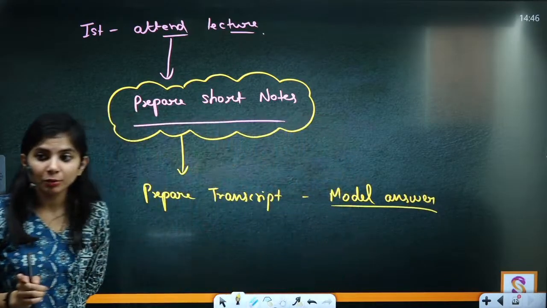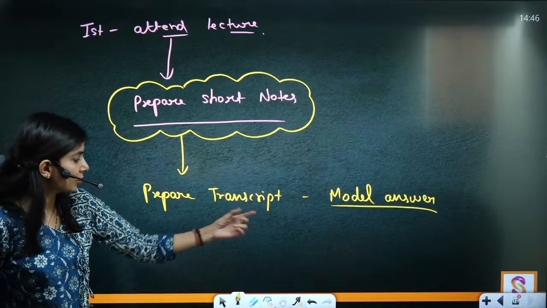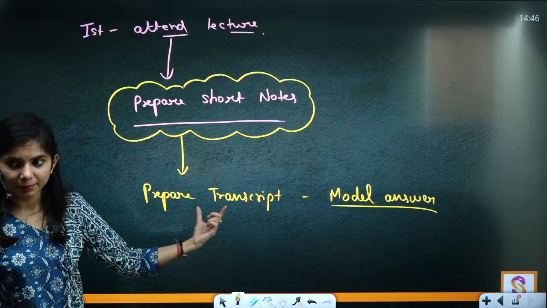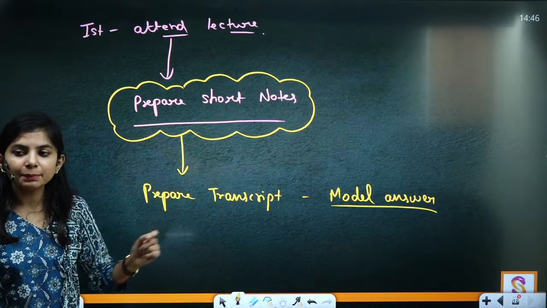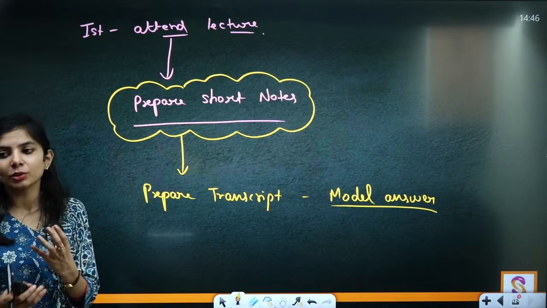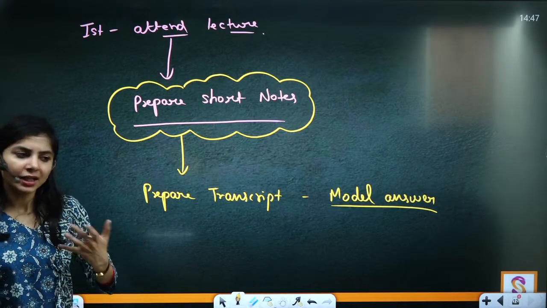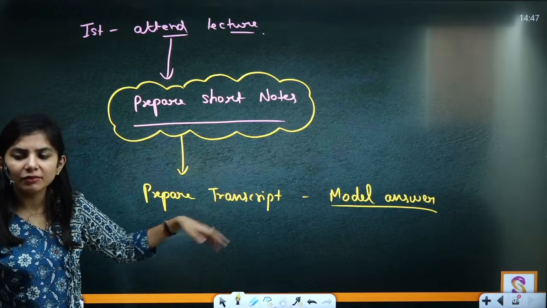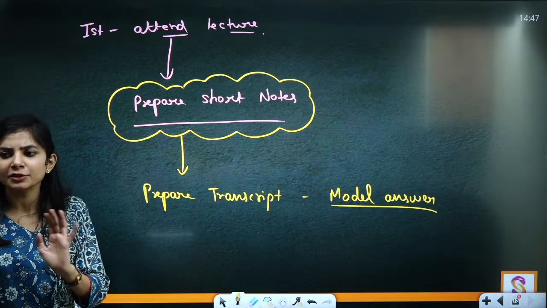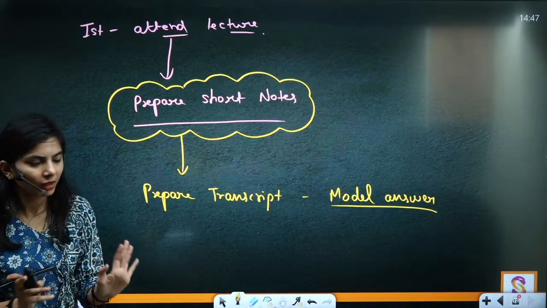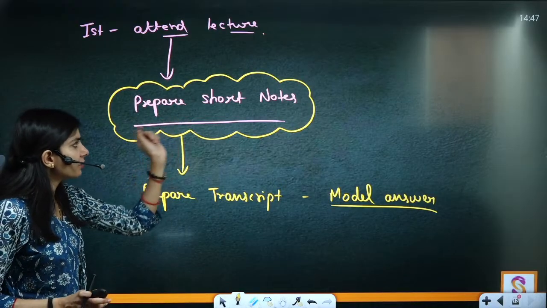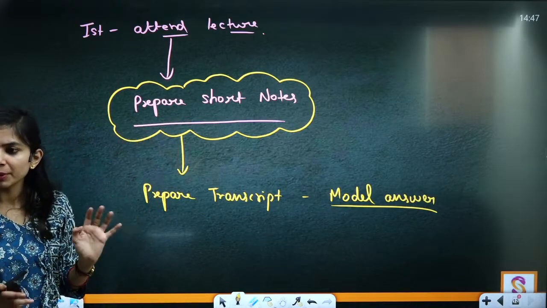I'm going to provide you the model answer. What you just need to do is prepare a transcript, only for 2 to 3 questions for the very beginning. Later on, you would avoid this thing. Why? Because once you have given the test, you would be trained for that. Fine. Now, let me give you the basic overview of how you need to prepare your short notes.